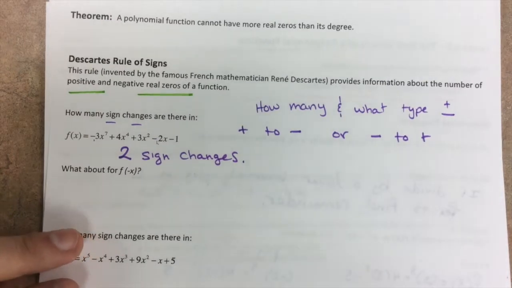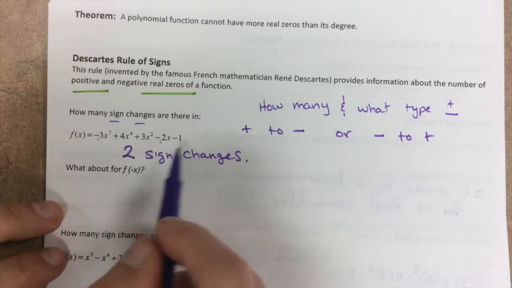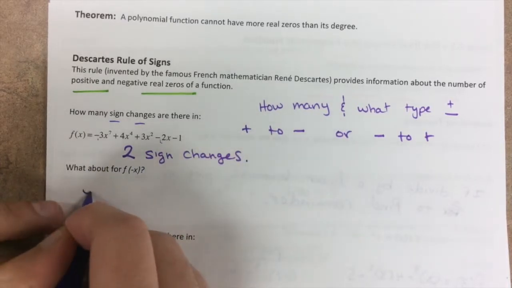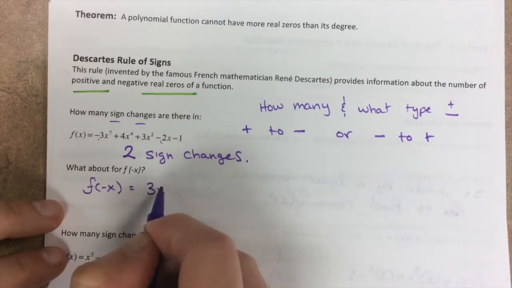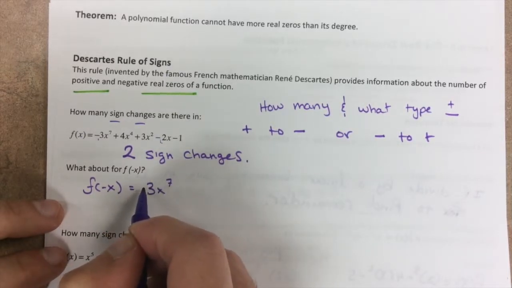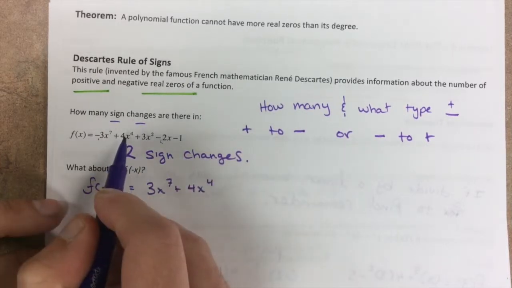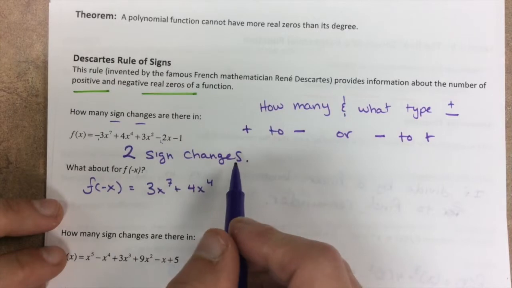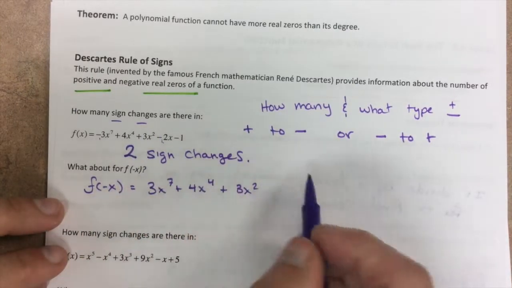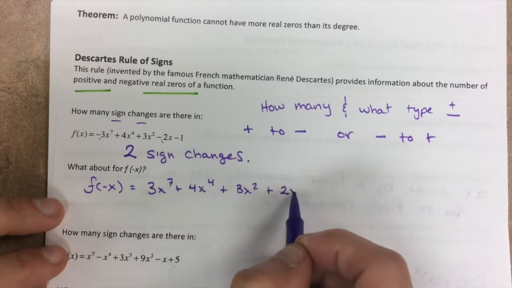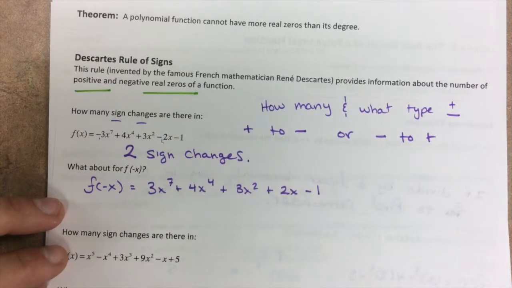What about if we plugged in a negative x? So wherever we see an odd exponent, I'm going to change the sign. So f of negative x would be 3x to the 7th, because that negative changes, plus 4x to the 4th, because that's to the 4th, so the negative doesn't get changed, plus 3x squared, so that doesn't change, plus 2x, because that's an odd exponent, minus 1.